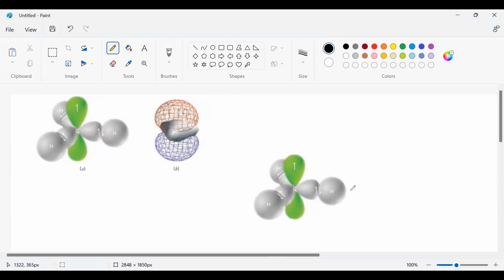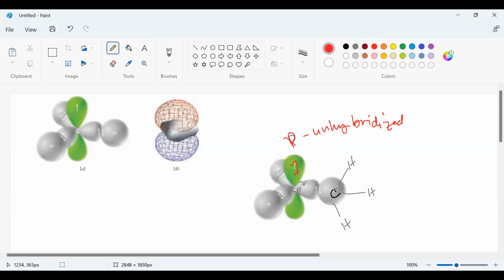You will have a carbon here, and then the carbon is bonded to hydrogens. This carbon here utilizes sp2 hybrid orbitals, and you have, of course, your unhybridized p orbital. There is one electron occupying this unhybridized p orbital.